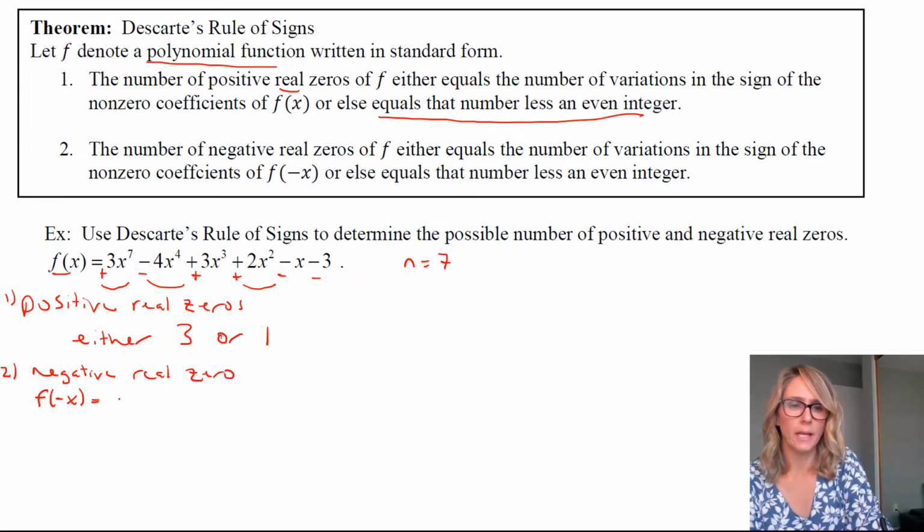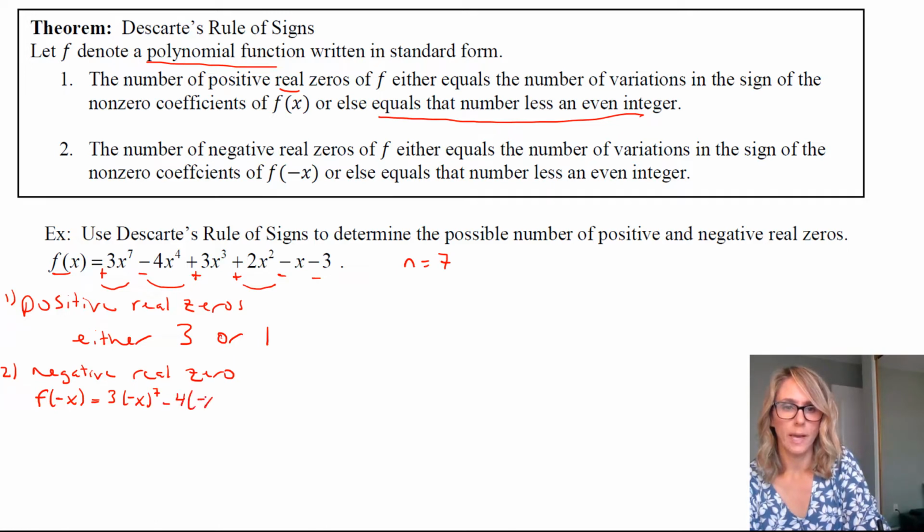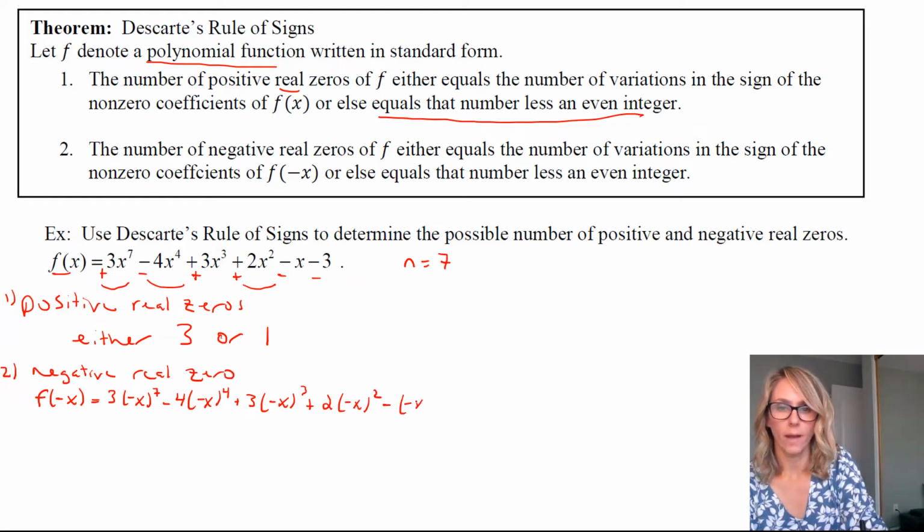So we plug in negative x: 3 negative x to the 7th minus 4 negative x to the 4th plus 3 negative x to the 3rd plus 2 negative x squared minus a negative x minus 3.